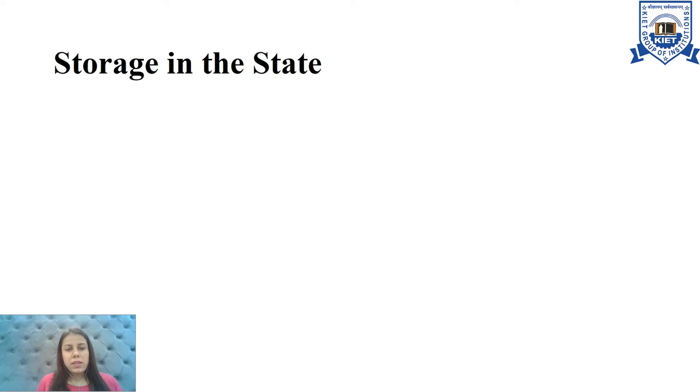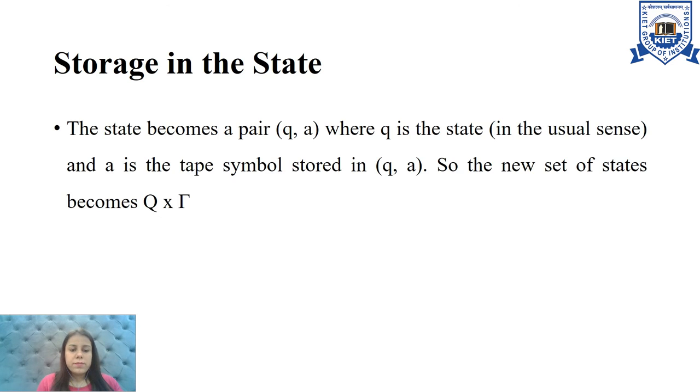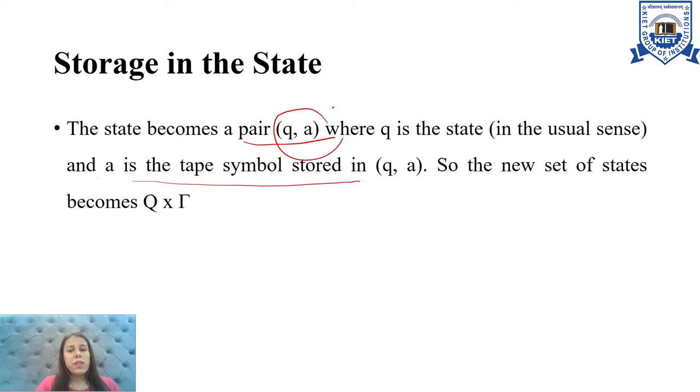Coming to the next technique, it is storage in the state. Under this technique, we store the information within the state. So what we do, rather than having just the state, we will now have a pair of the state and the tape symbol. Okay, so what is this A? A is the tape symbol, and we are now going to store this tape symbol within our state.